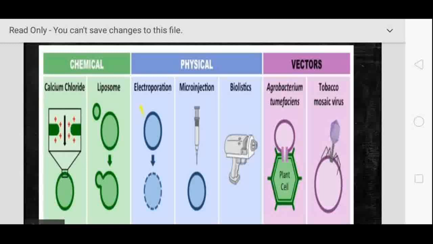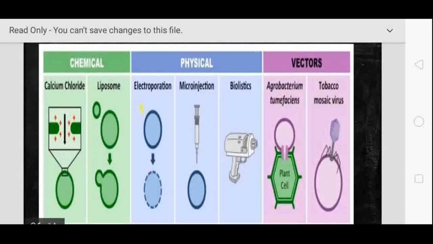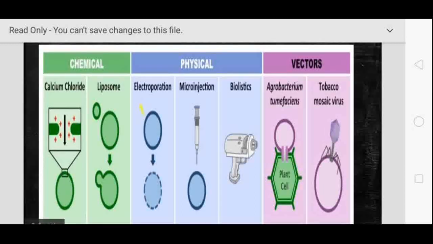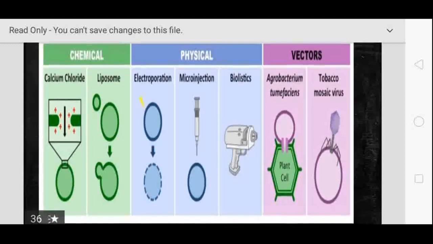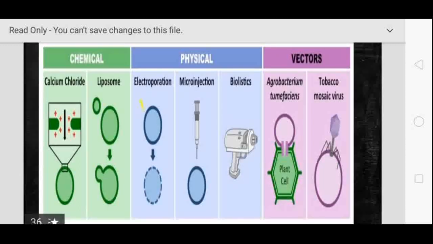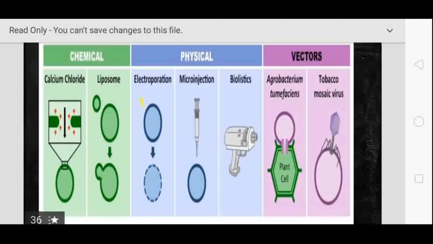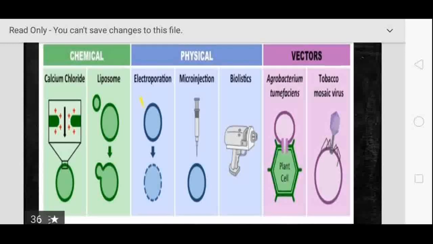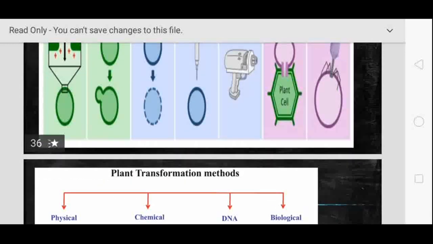In addition to that, the indirect method we are also going to see, by using some agents. The agents may be, as we discussed last class, the tumor inducing plasmid by means of Agrobacterium tumefaciens, as well as tobacco mosaic virus. So the chemical, physical and vectors are the different agents responsible for transferring our alien or foreign gene into the host cell. Let us see again.